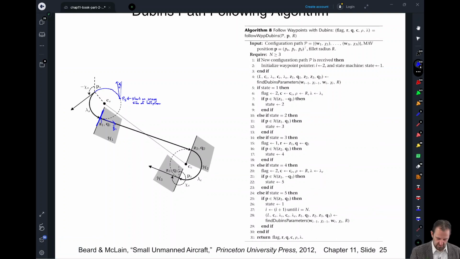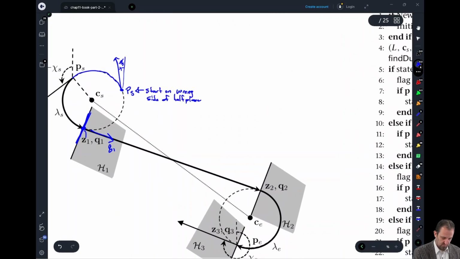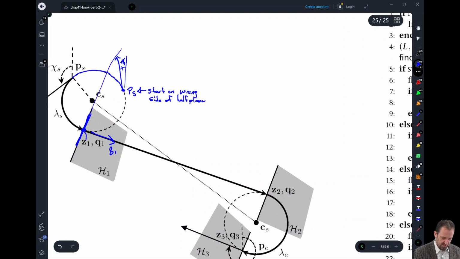It says up to state 5. That's because state 1 is going to be the first part of the first circle. State 2 will be the second part of the first circle.